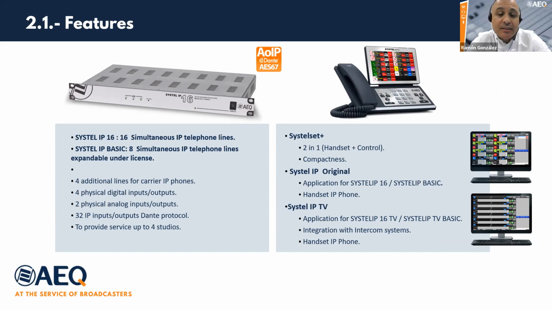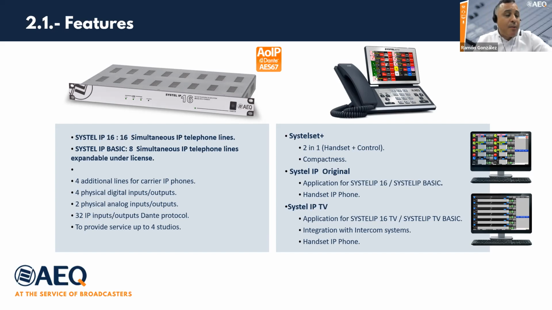Each model has the capacity for up to 4 IP handsets, 4 in and 4 out digital signals, 2 in and 2 out analog signals, and very important, 32 inputs and 32 outputs of signal in Dante protocol.